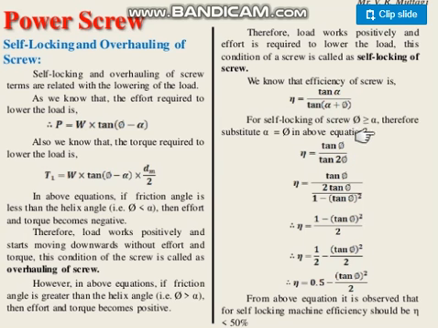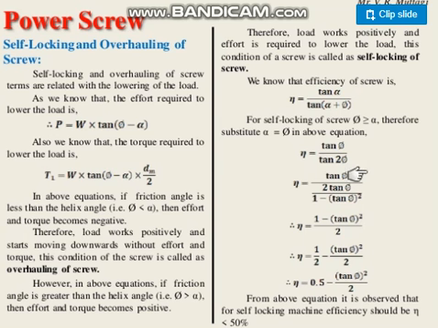Now in the limiting case, let us assume that phi is equal to alpha. So let us substitute alpha with phi. Now what happens? This becomes tan phi upon tan of phi plus phi, so it becomes tan phi upon tan 2 phi.